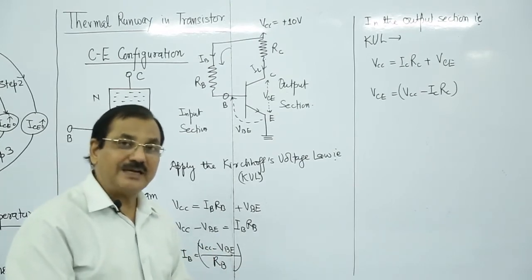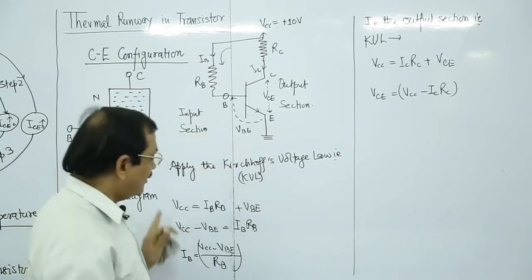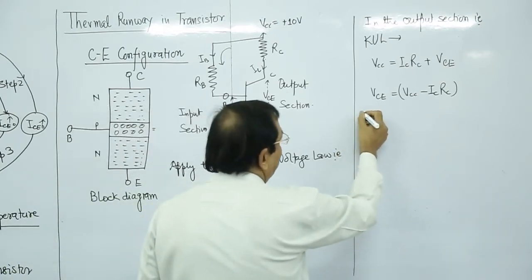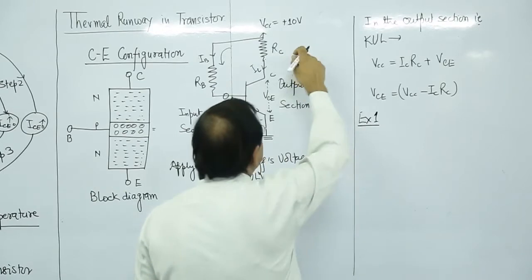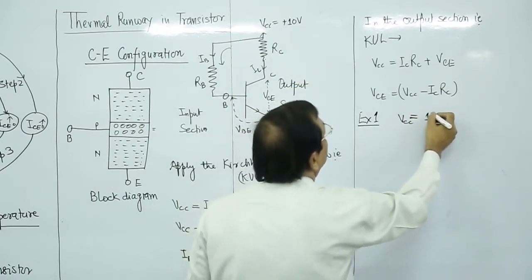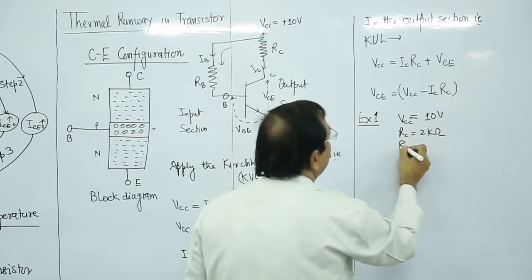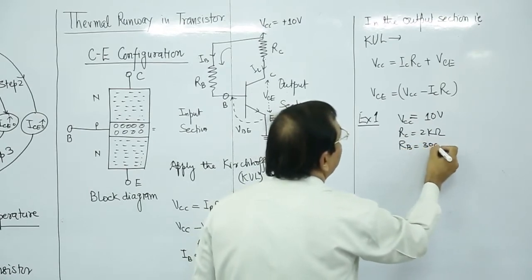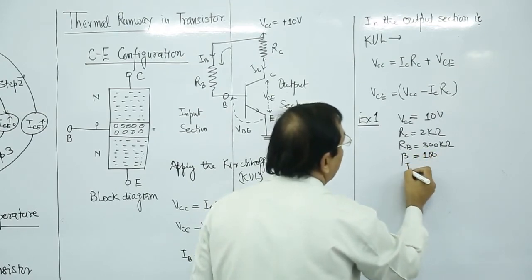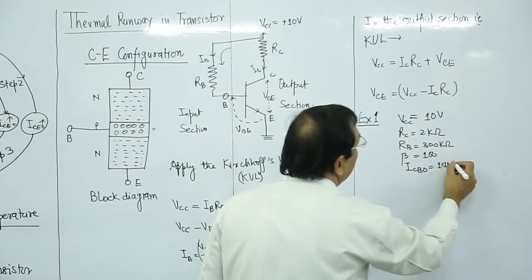So in order to calculate the percentage change in the transistor circuit over this simple circuit, we take one example. We take example 1. In this example, say VCC, as we said, is 10 volt, RC say 2 kilo ohm, RB is equal to 300 kilo ohm, beta say it is 100, and ICBO is 15 microampere.